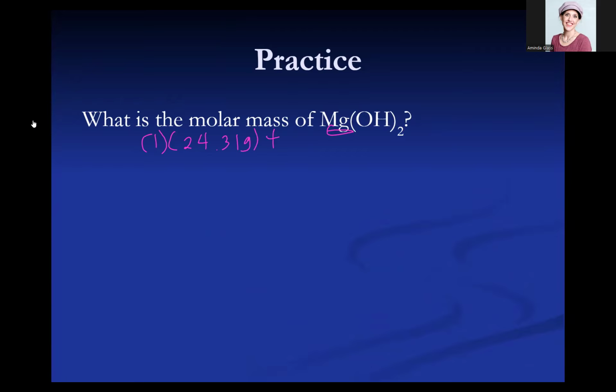Plus, remember this gets distributed in. So we have 2 oxygens times 16.00 plus 2 hydrogens at 1.01. So we add them all up and we get 1 times 24.31 plus 2 times 16 plus 2 times 1.01, and we get 58.33 grams per mole. So 1 mole of magnesium hydroxide has 58.33 grams.